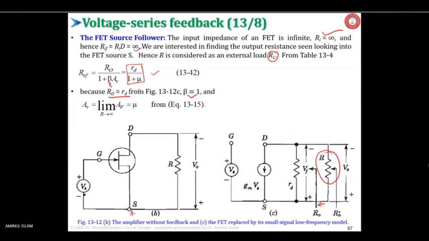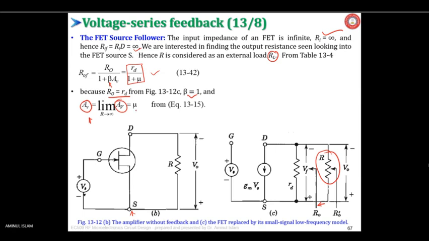So in the form of limit, this AV is what and this AV is what? In the last class we discussed that small v one is the open circuit voltage gain, meaning RL, the load resistance at the output, is disconnected.